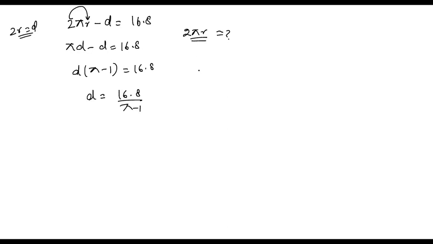So actually the circumference is equal to 2 pi r, or you can write it as pi d. So here pi into d, the value of d is 16.8 divided by pi minus 1. Putting the value of pi, how will you calculate this?